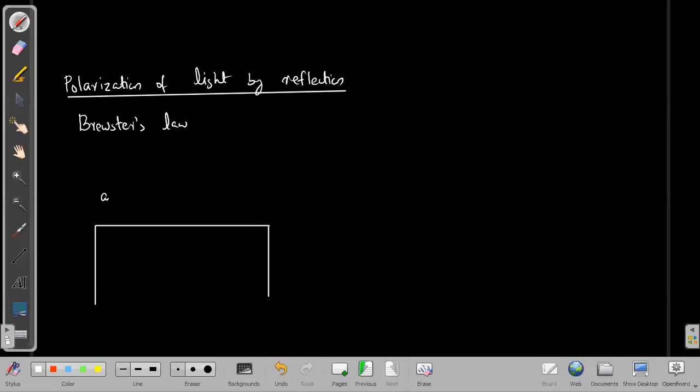You have air here, glass here. Then we have some incident light. Obviously some portion will be reflected and some portion will be refracted.